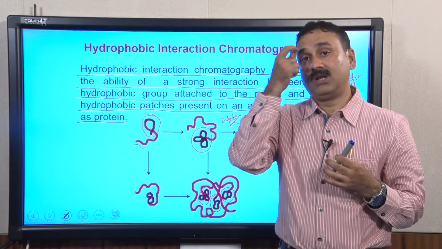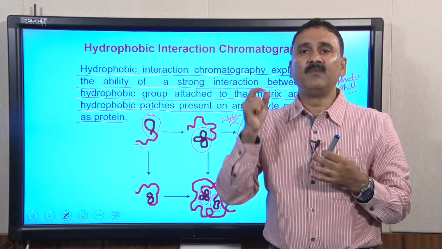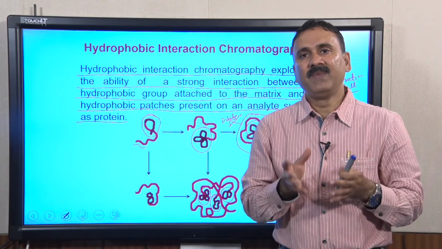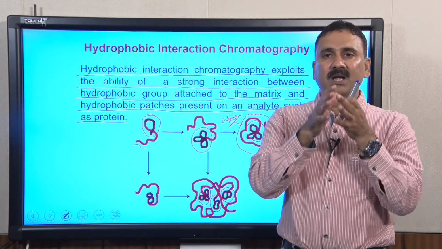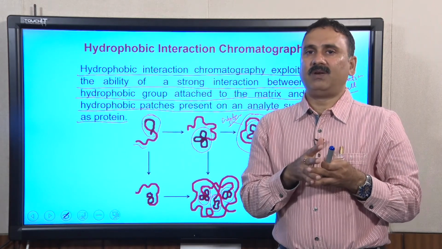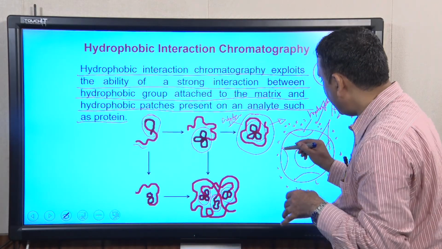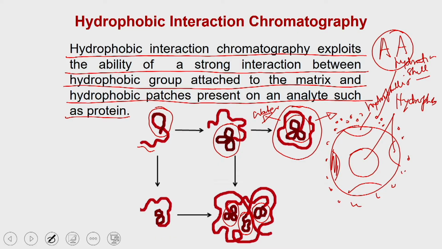This hydration shell is very important in maintaining the three-dimensional structure of the protein, as well as the enzymatic activity of these proteins. So, you have the hydrophobic patches, but these are also covered by the hydration shells.